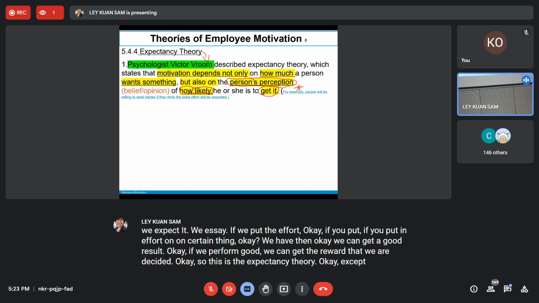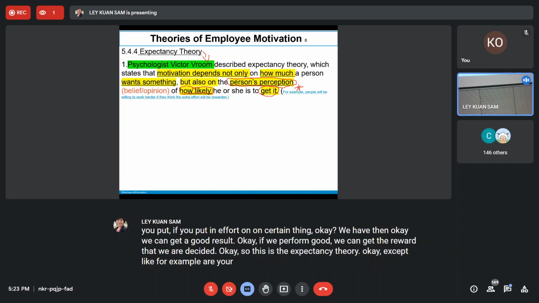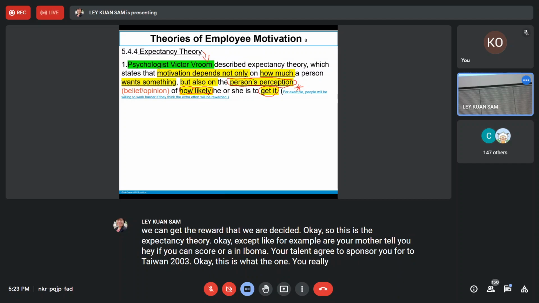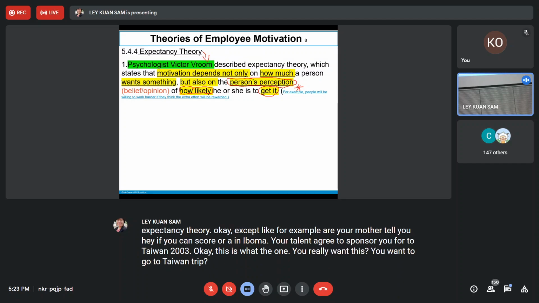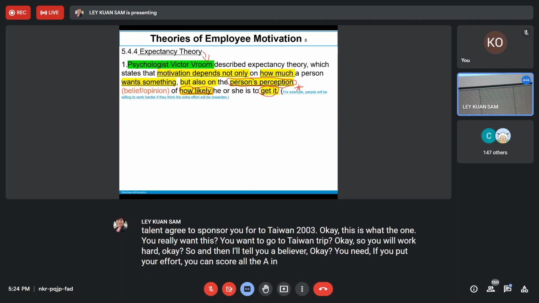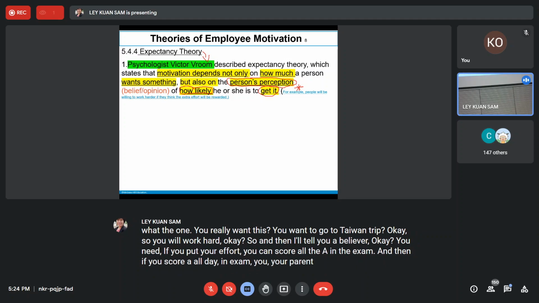For example, your mother tells you, if you can score all A's in your diploma, your parents agree to sponsor you for a Taiwan trip. This is a reward you really want, so you will work hard. You believe that if you put in effort, you can score all A's in the exam, and if you score all A's, your parents will sponsor you for the Taiwan trip.